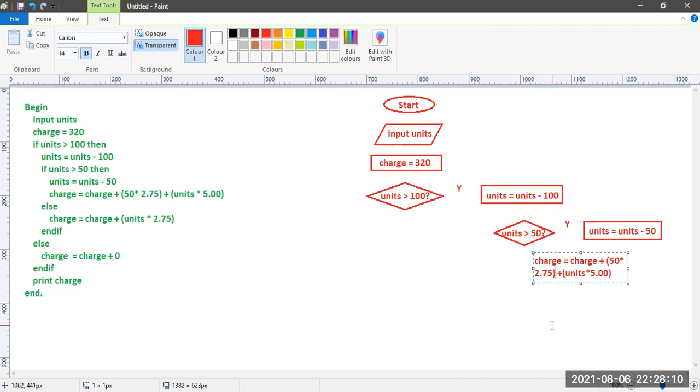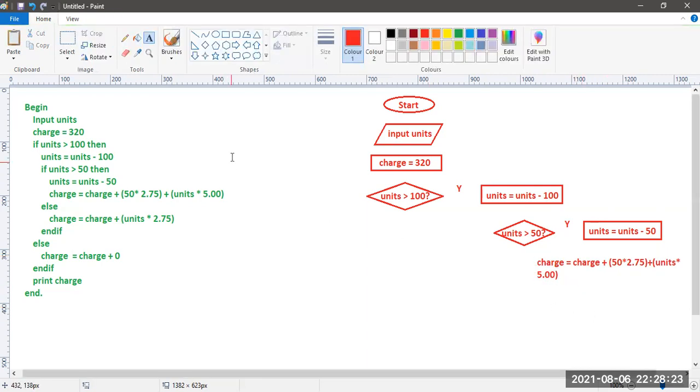That is the maximum I can do. So you all can write it down properly, right? That also is going to come in a process box.